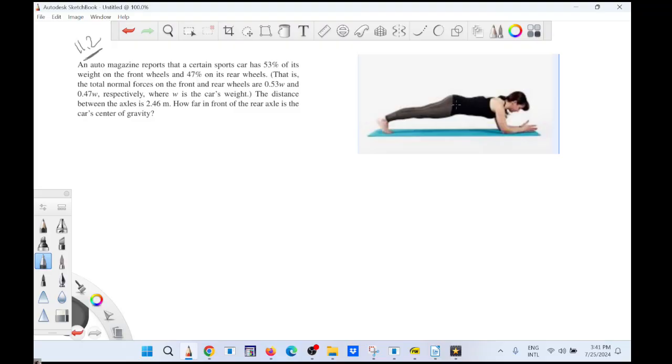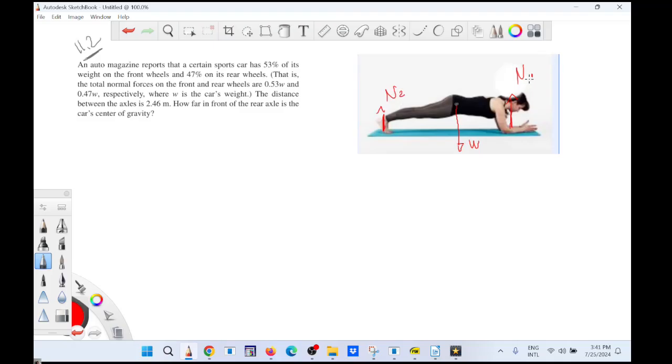So let's say the center of mass is somewhere there. So you're going to have the weight here, and from here you have a normal force. It has to balance the weight. So you have a balance force, the normal force N sub 1 here, and a balance force N sub 2 here.